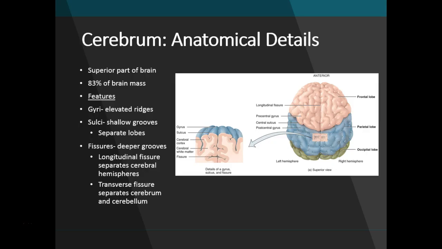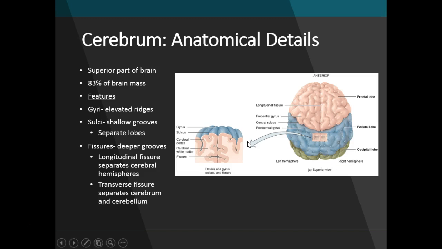So the cerebrum makes up the superior part of the brain, about 83% of the brain mass. We have bumps and bulges that are called gyri. So all of these are gyri. So those are the elevated ridges or bumps. Gyrus, G-Y-R-U-S, is singular. Gyri is plural.